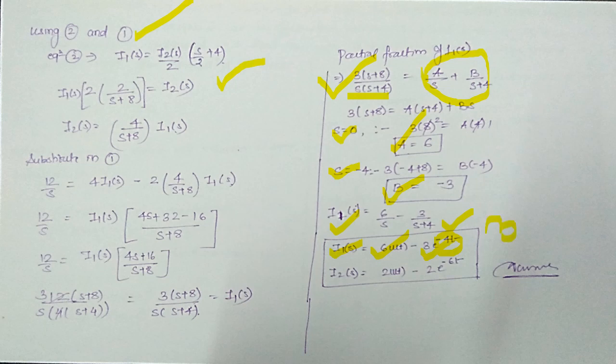So the initial value of current I1 is 3. And look here, t is 0, so e to the power 0 turns to 1, and this turns to 2 minus 2, that is I2 is 0, right? That's how you can even verify your answer. So this is the answer for the given question. Now let's move to the next question.